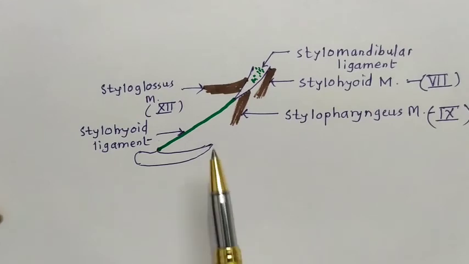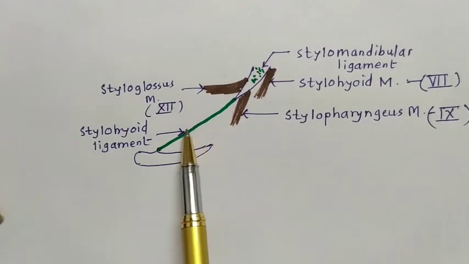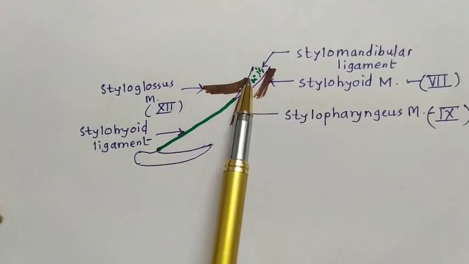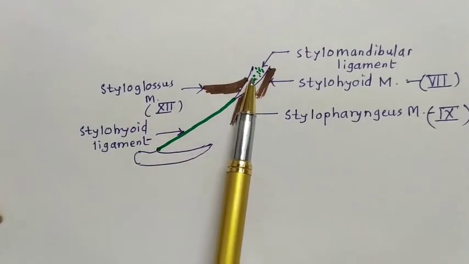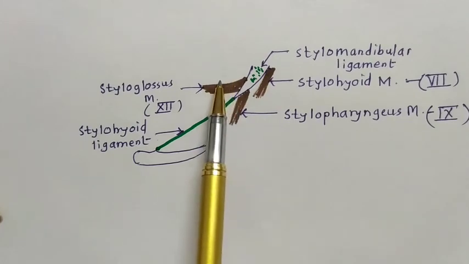Styloid process gives attachment to two ligaments. The tip gives attachment to stylohyoid ligament and lateral aspect gives attachment to stylomandibular ligament. The styloid process gives origin to three muscles.